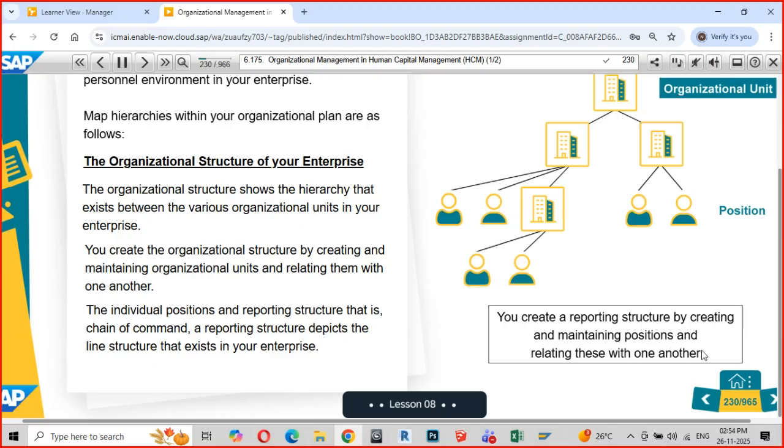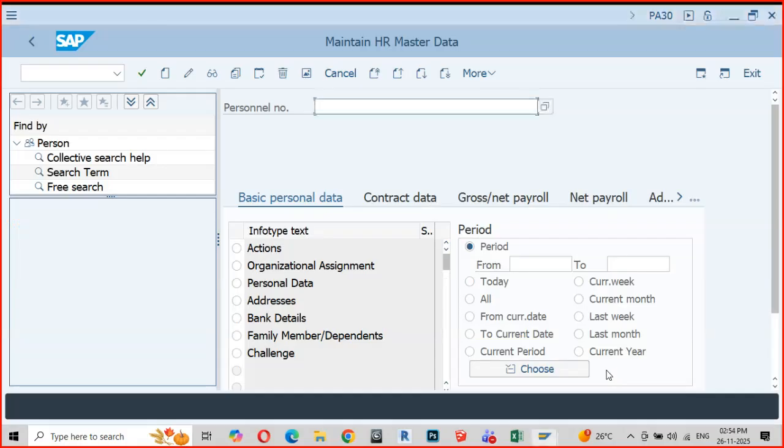You create a reporting structure by creating and maintaining positions, organization actions, personal data, address.